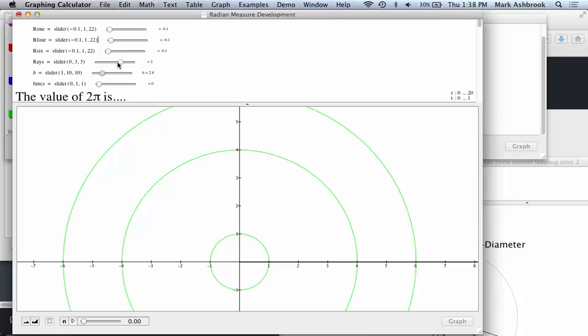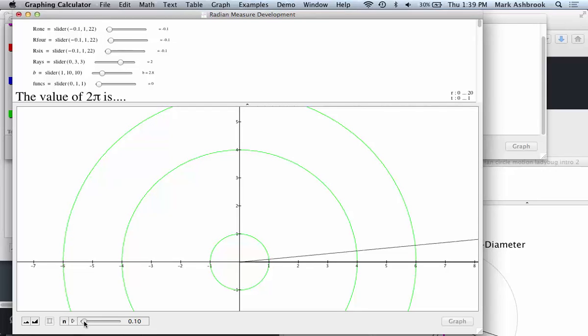The initial side of the angle is this ray right here pointing at the 3 o'clock position. And then what we'll be doing for the next month is sweeping an angle counterclockwise from the 3 o'clock position. That's the terminal side.